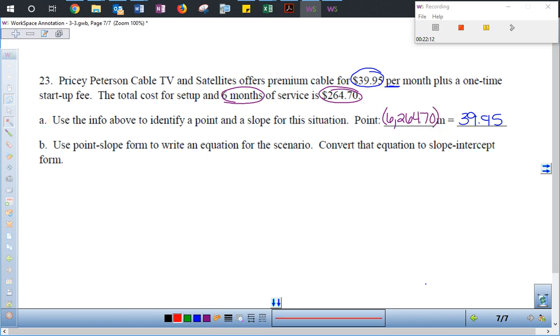Now, part B says, use point-slope form to write an equation for the scenario. Convert that equation to slope-intercept form. So we'll have our ordered pair here, y minus y sub 1 equals my slope times the quantity of x minus x sub 1. Now we need to convert it to slope-intercept form.